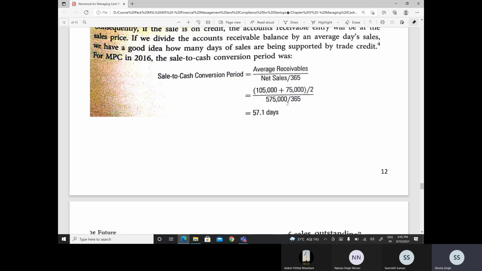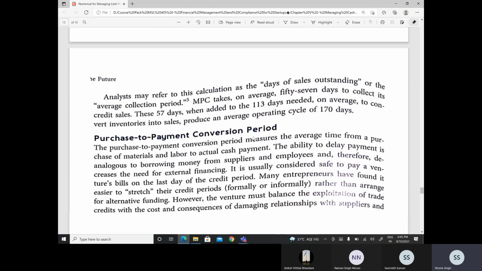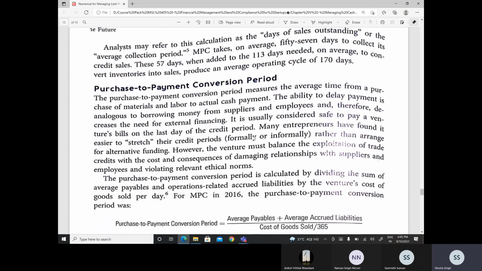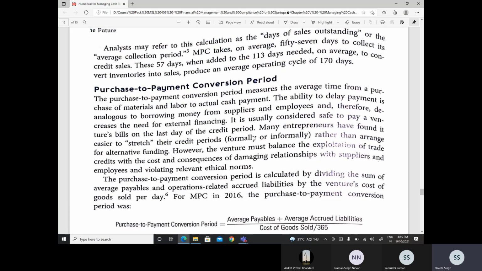That is 575,000 divided by 365, which gives us 57.1 days, or nearly 2 months. Analysts may refer to this calculation as the days of sales outstanding, or the average collection period. MPC takes on an average 57 days to collect its credit sales.